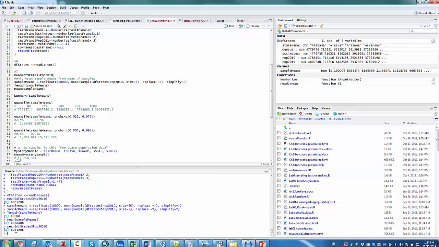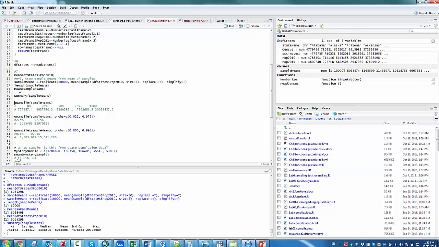Which is very close to the population mean. Okay, so when you create a lot of samples and then take the mean, it's close to the population mean.